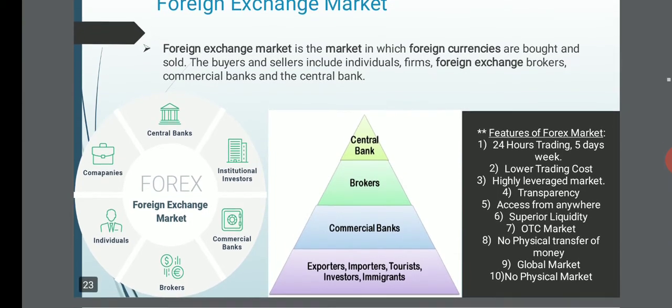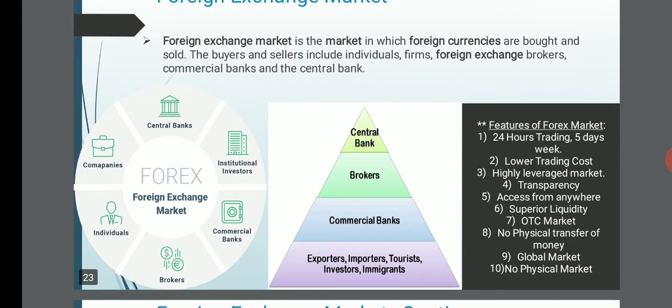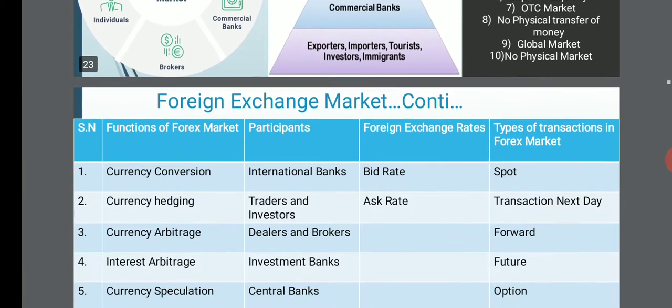No physical transfer of money actually takes place. It is through digital transfer, and it is a global market, available in each and every part of the world, and no physical market. It is a party to party market, an OTC market.